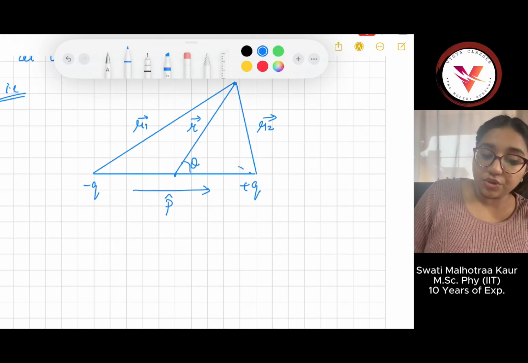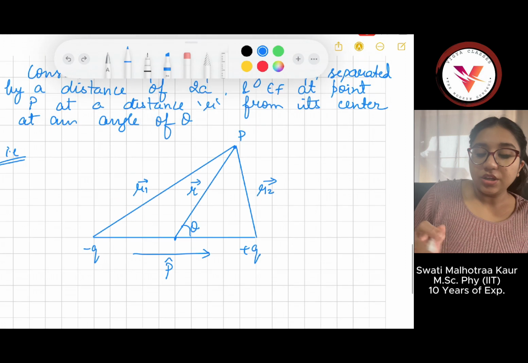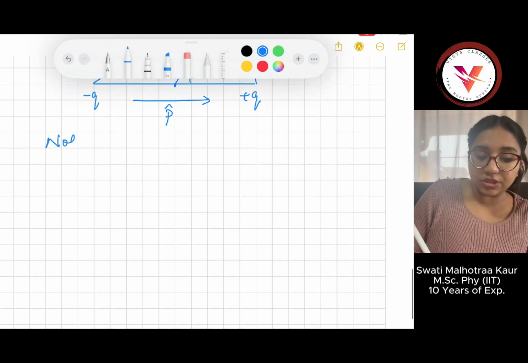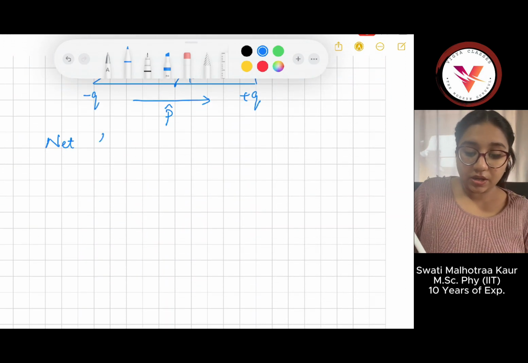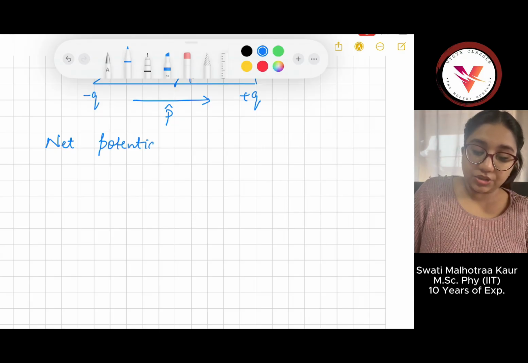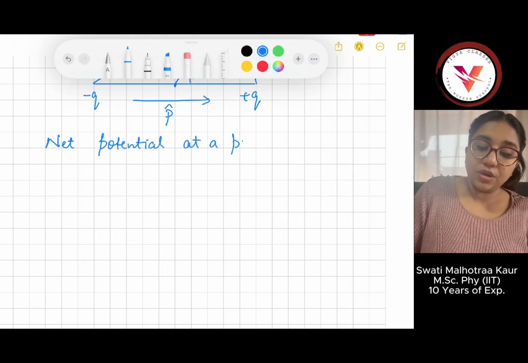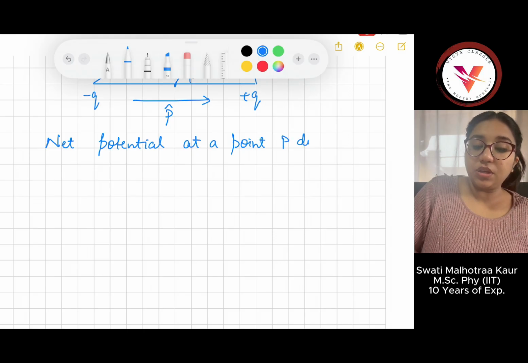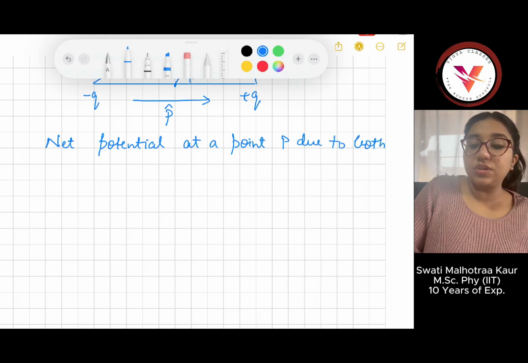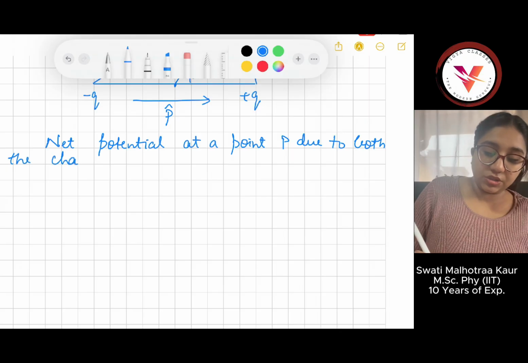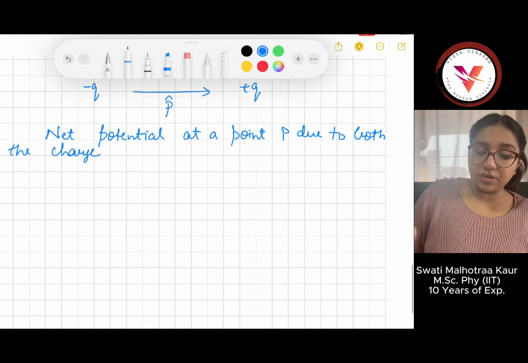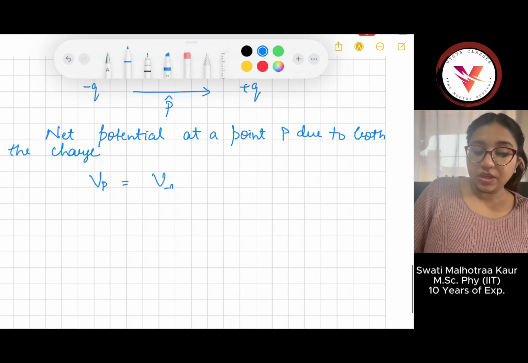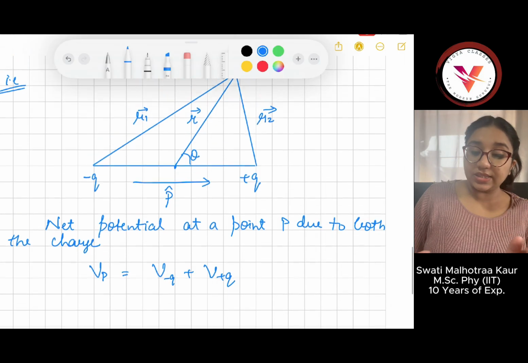Okay, and if you need to calculate the difference, before that just say simply the net potential at point P due to both the charges. Potential at P is due to minus q charge and due to plus q charge. Since it's a potential, you have to consider the sign as well.